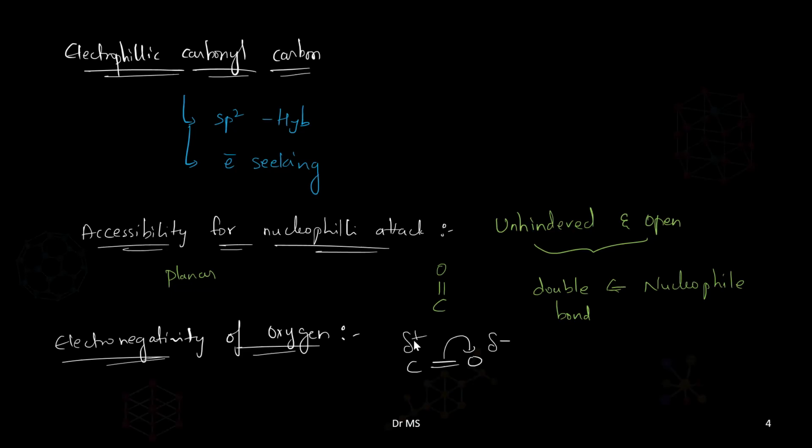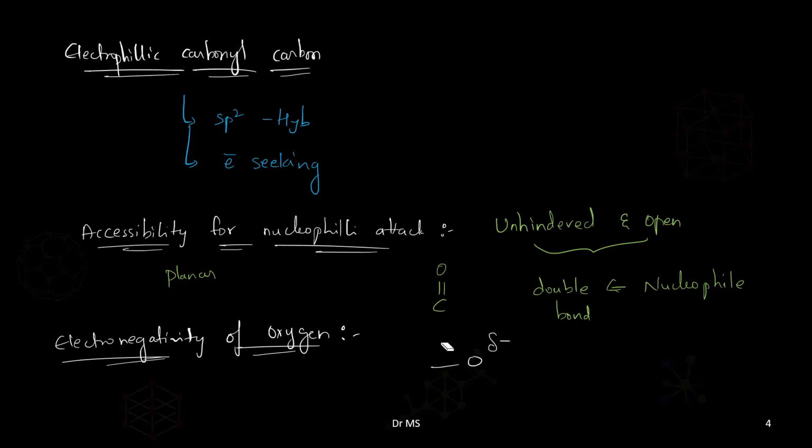If the carbon is not positive, then the nucleophile attack on the carbon is very difficult, because we know the nucleophile loves the positive charge. The carbon present here should be more positive, then only the nucleophile can come and attack. But if the carbon is not positive, then it's very difficult for the nucleophile to attack this carbon. So that's why the electronegativity of oxygen is very, very important.